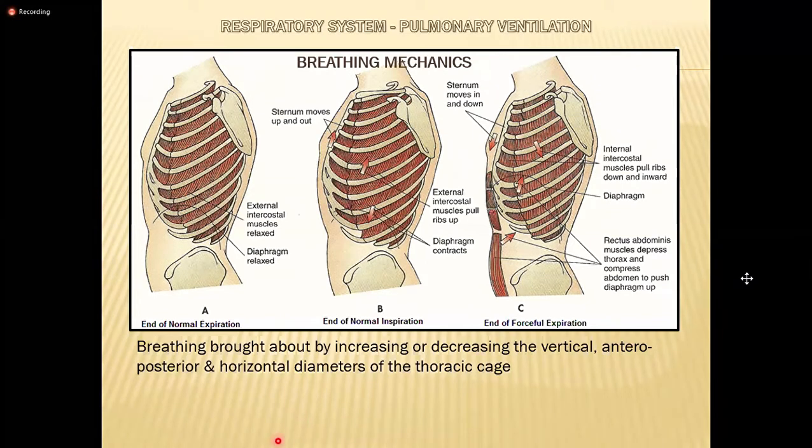If there is a pathology, for example, Myasthenia Gravis, there is a paralysis of the intercostal muscles. So it cannot pull the ribs up, and it cannot pull the ribs down.